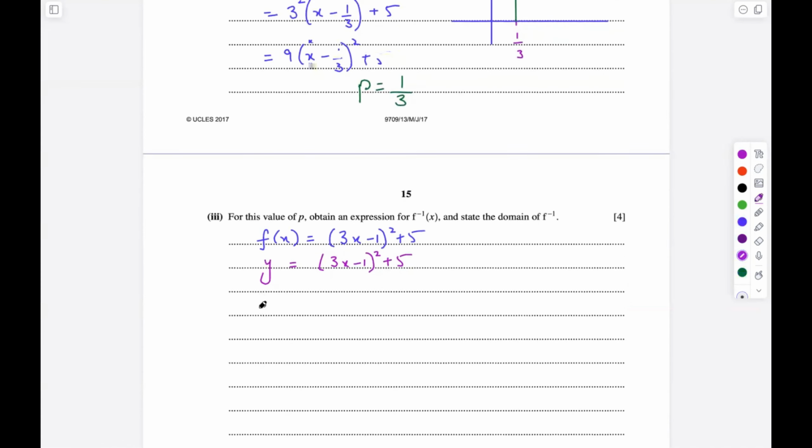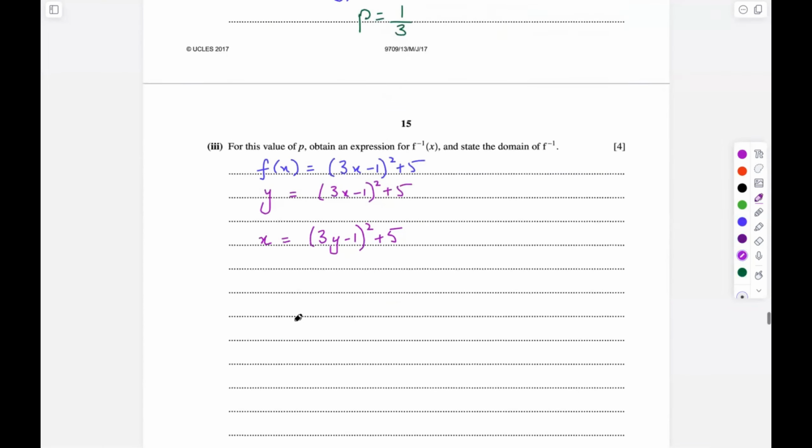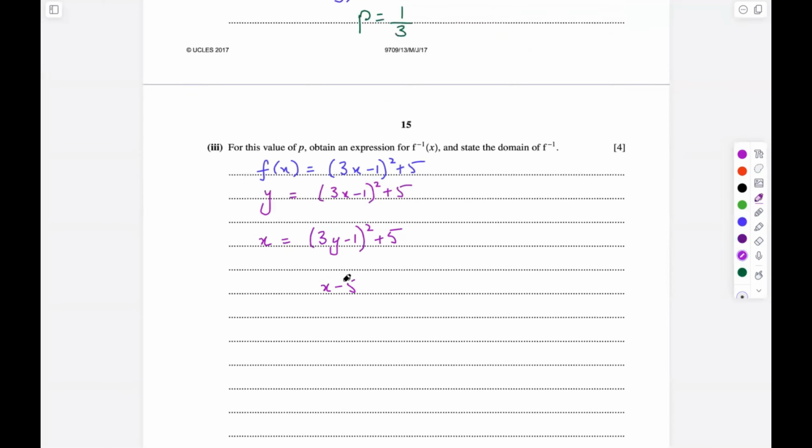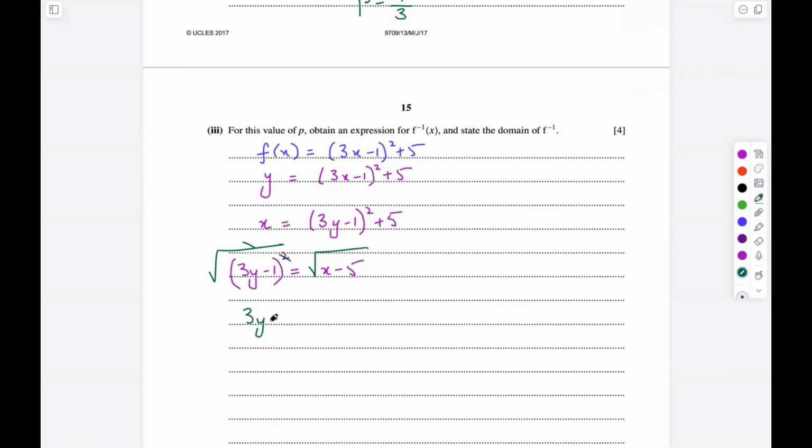Now, exchanging the values of x and y, that will become x = (3y − 1)² + 5. Taking 5 to the left hand side, that will become x − 5 = (3y − 1)². Taking the square root on both sides, the square will cancel out, and this will become 3y − 1 = √(x − 5).